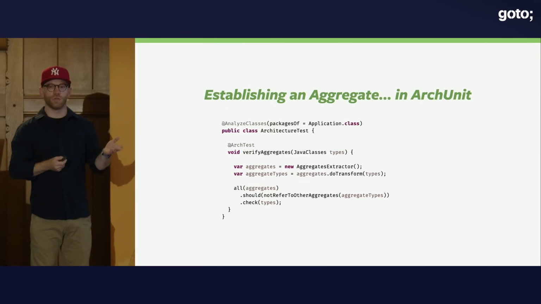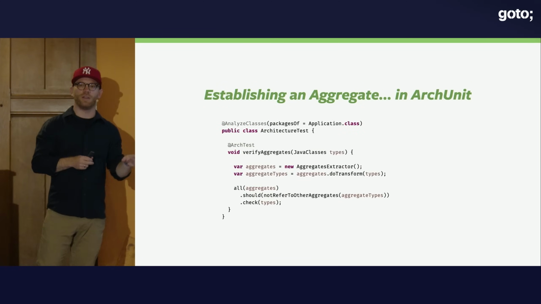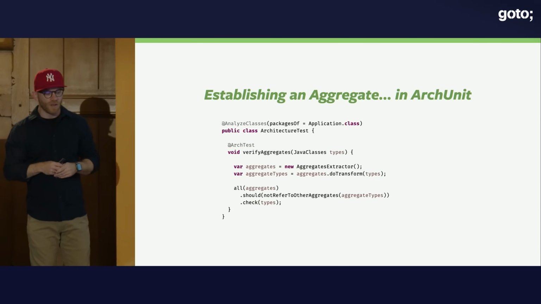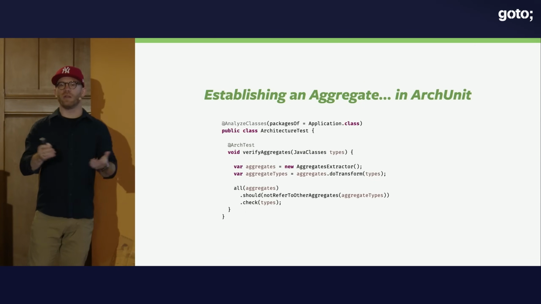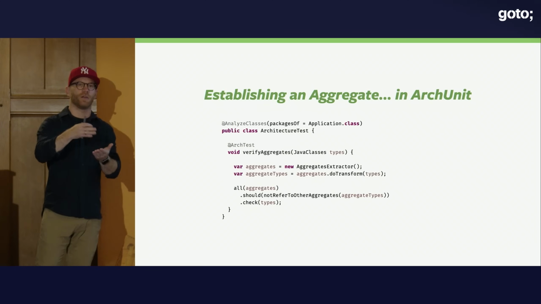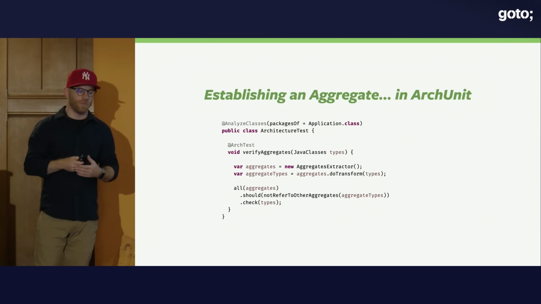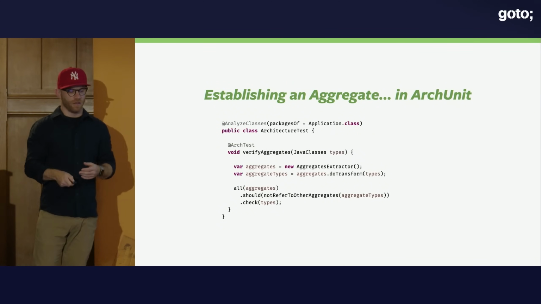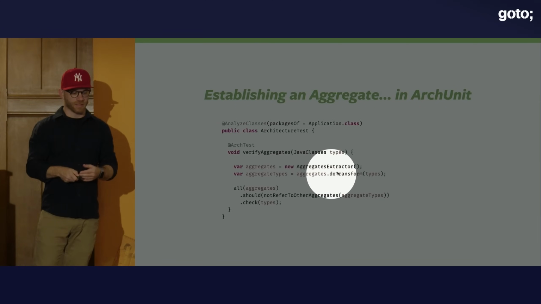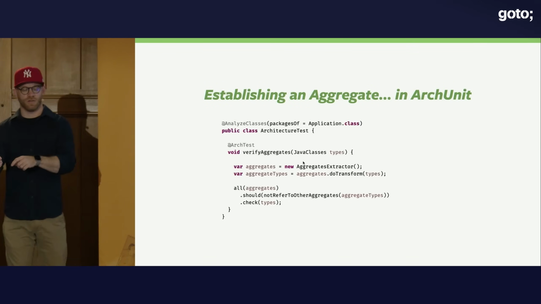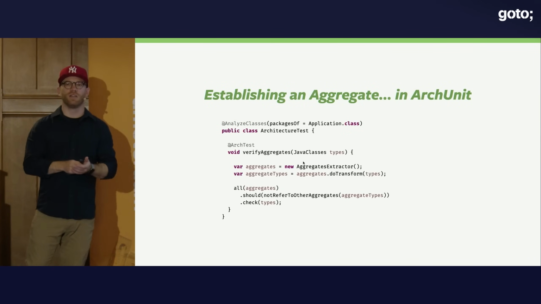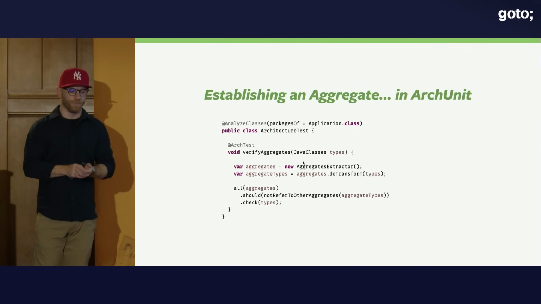A similar tool is ArchUnit. ArchUnit is entirely Java-based. The idea is that you both identify concepts and formulate the rules in Java code, right? There's an API that I've neatly hidden within the aggregates extractor class here. That's basically a customization of ArchUnit, how I tell it to find all the aggregates.